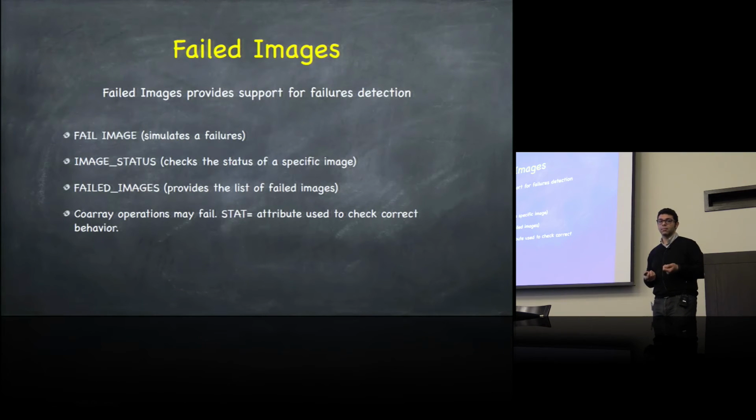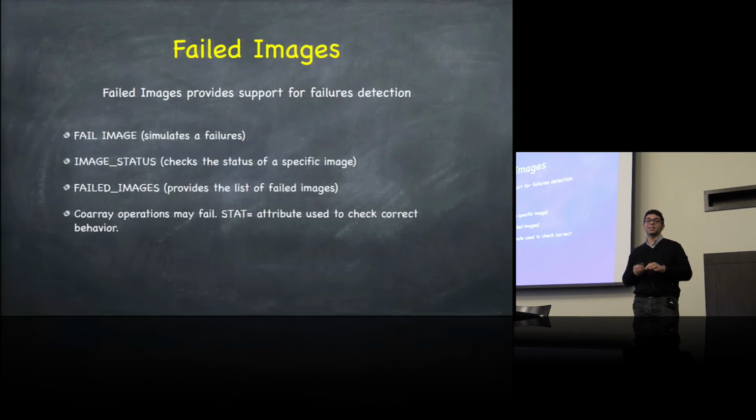Stopped is where an image has gracefully stopped the execution. The main difference between these 2 states is that a failed image is unreachable. The data has gone. Whereas for a stopped image, the image is not running anymore, but the data is still available, so you can do something about it.